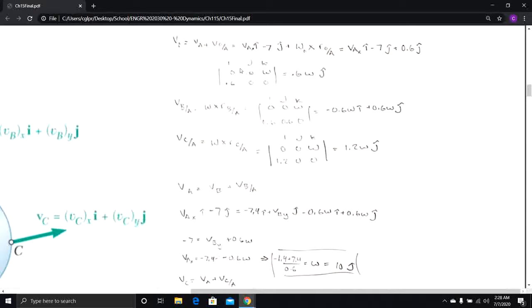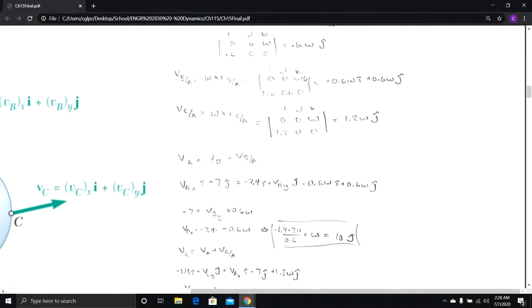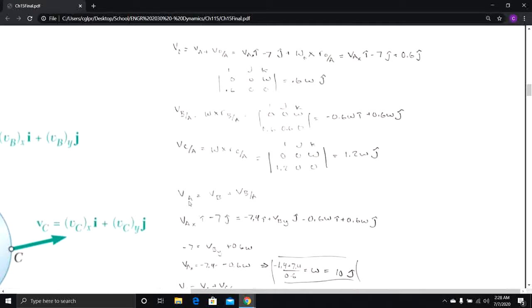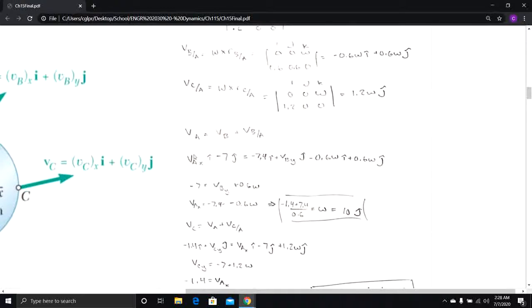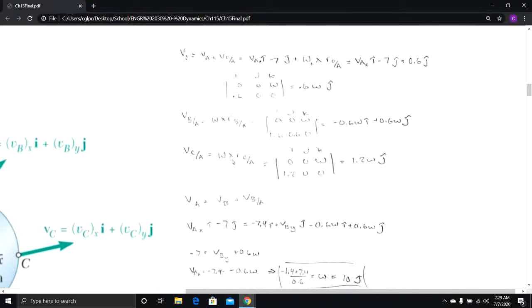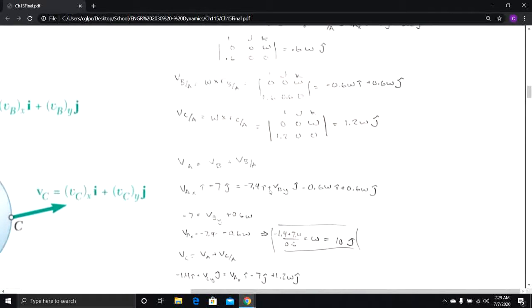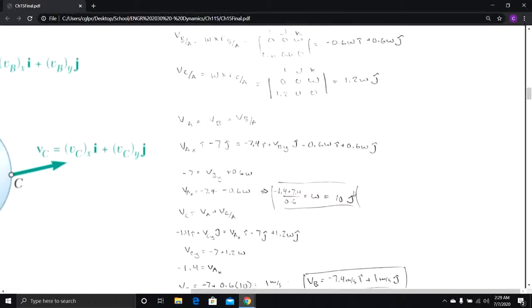And basically I just got to do a bunch of cross products here, putting in the values that I'm given, looking at different points until I get to a point where I can substitute in the velocities that I have for A, as well as the velocity of B, which was given, and the velocity of B over A, which I found out.